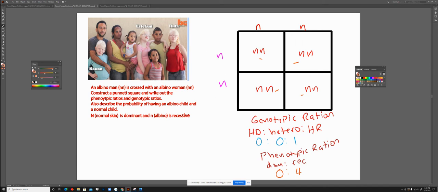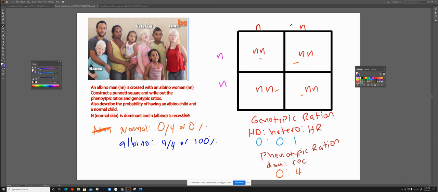So albinos have only albino children based off this information. What are the chances of having a normal kid? It's 0 out of 4 or 0%. What's the probability of having albino children? It's 4/4 or 1, which is equal to 100%.